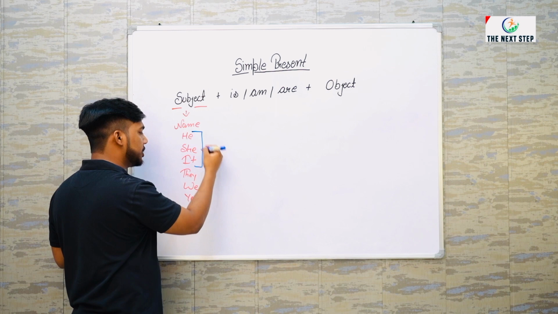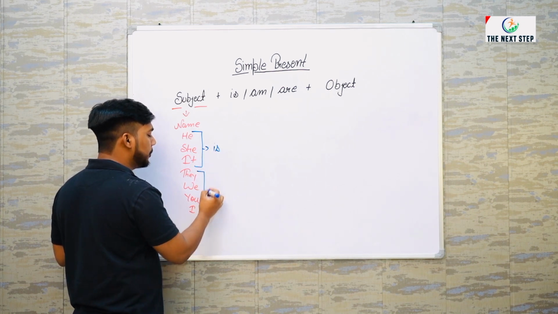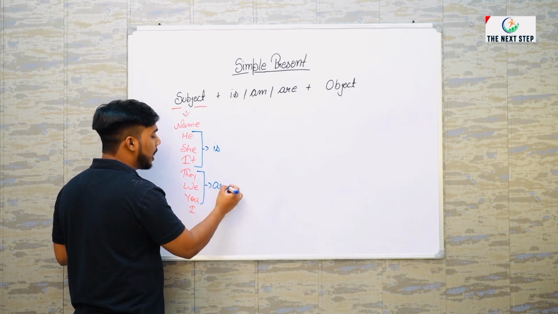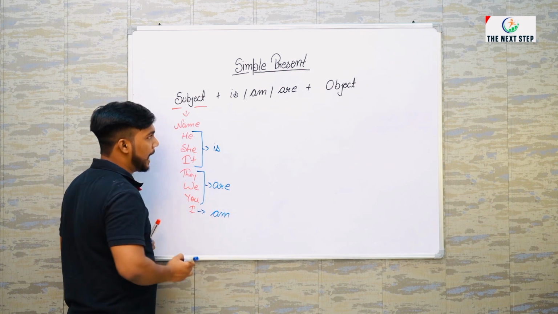If we use he, she, it, we have to use is. If you use they, we, you, you have to use are. If you use I, you need to use am.